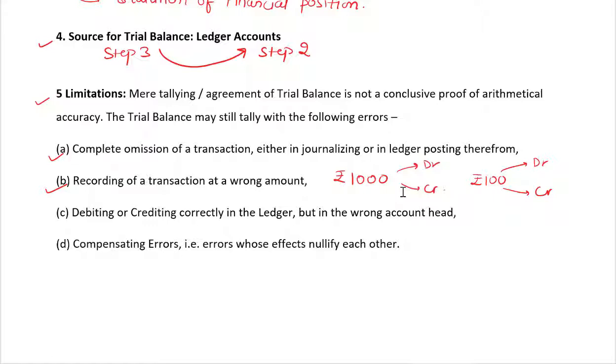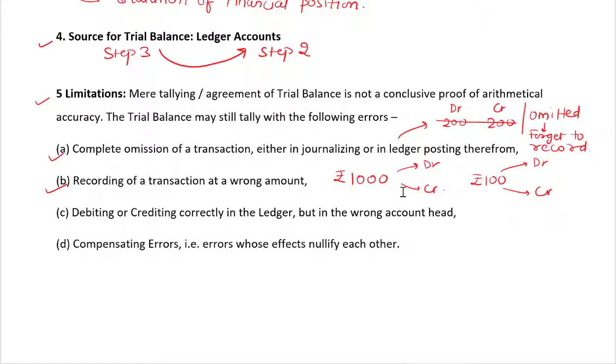Next, complete omission of a transaction. Supposing you should debit and credit 200, 200, and you completely omitted it. You forgot to record. In that case, what will happen?